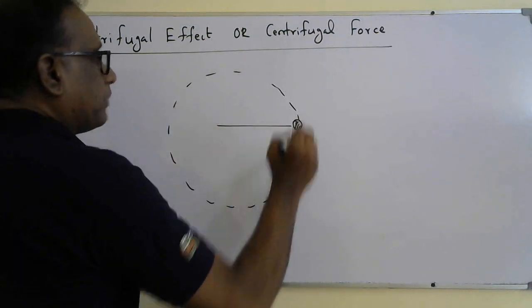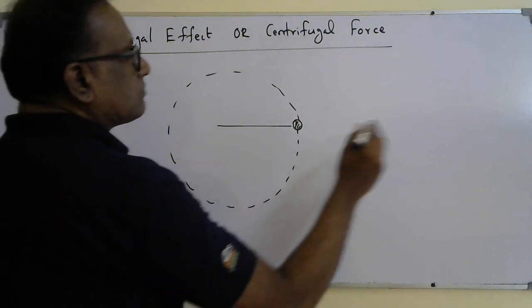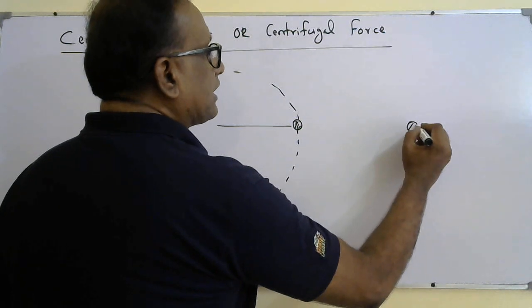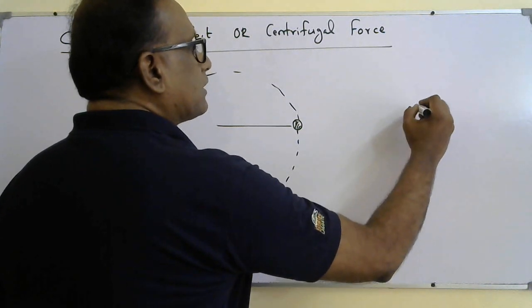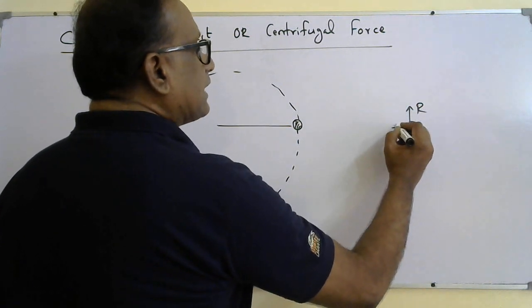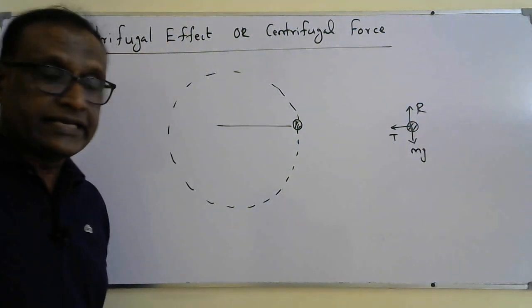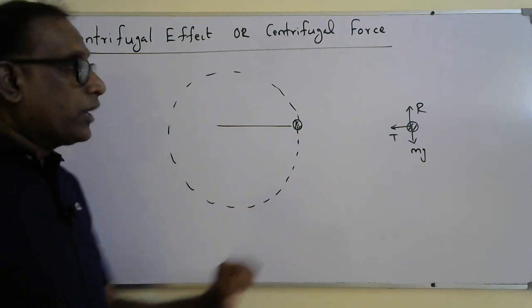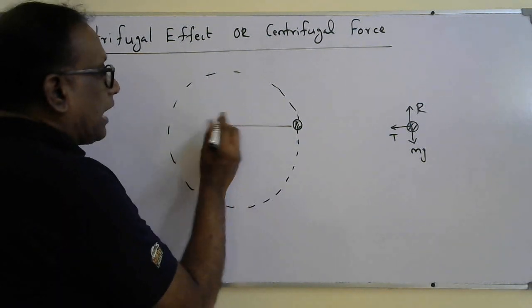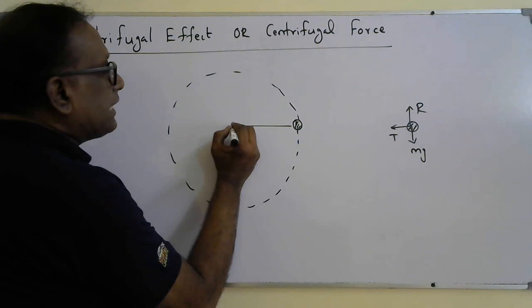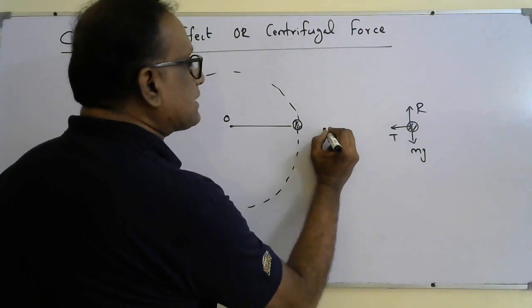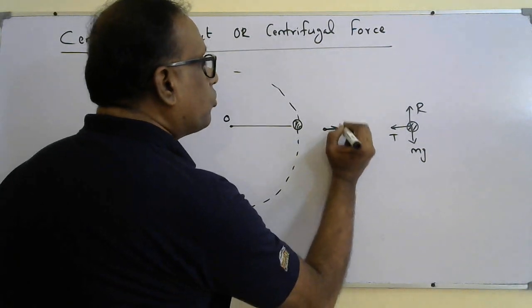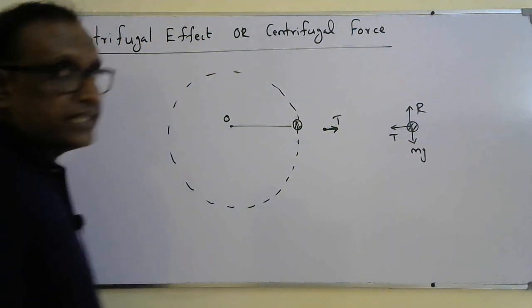If you think about the free body force diagram of the sphere, the weight is acting downwards, and there is a normal reaction and a tension acting on it. The tension is provided by the string. But if you think about the point where the free end of the string is connected, at O, what happens?